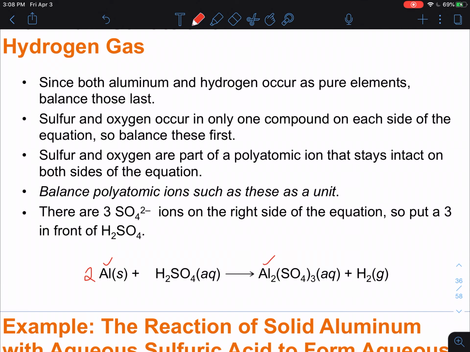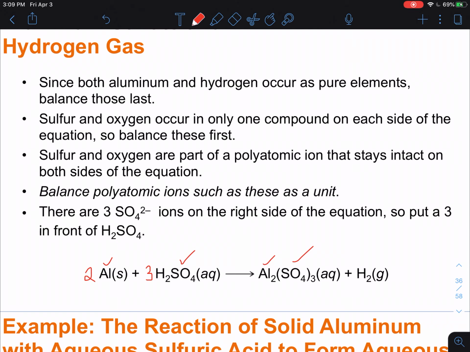The only difference is that on the product side we have 3, and you can see we have 3 from the subscript right here. So that means we're going to need to have a 3 in front of the H2SO4 to give us 3 sulfate anions. So I'm just going to go ahead and put a check here because we have 3 sulfate anions on the left and 3 sulfate anions on the right.